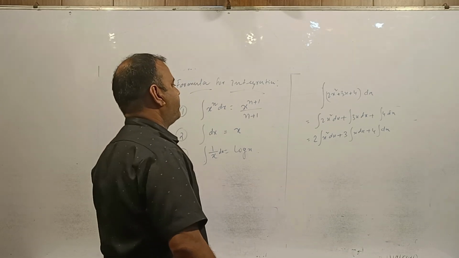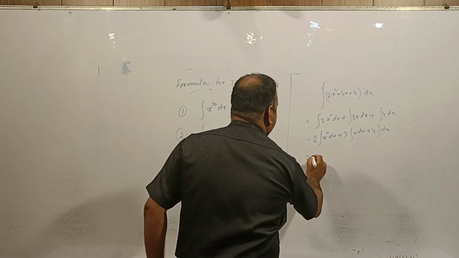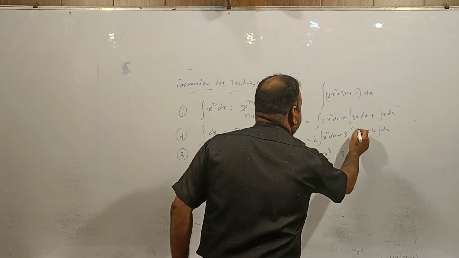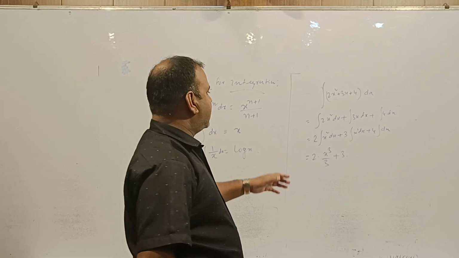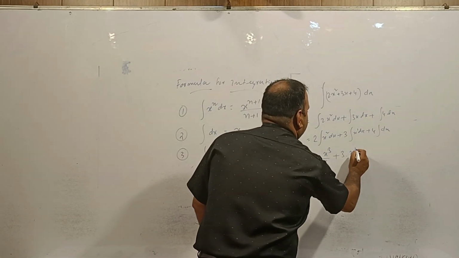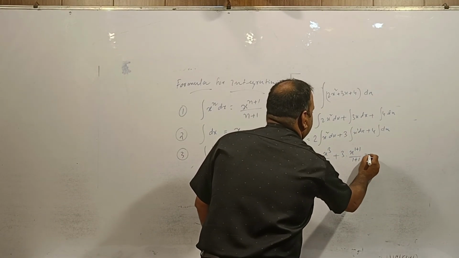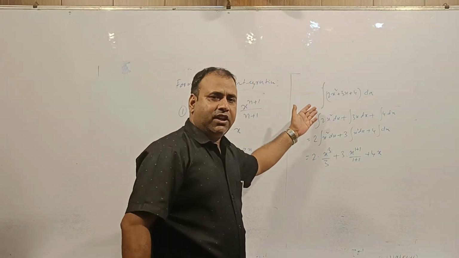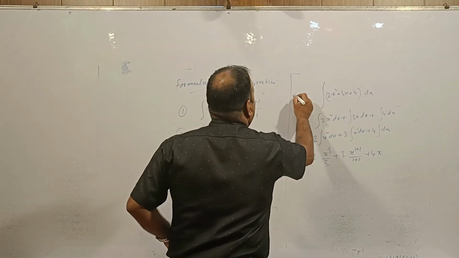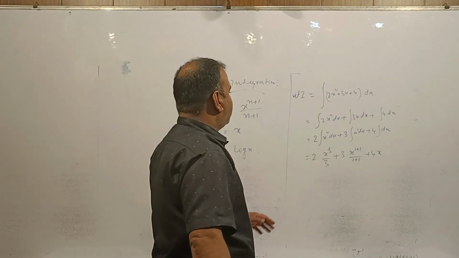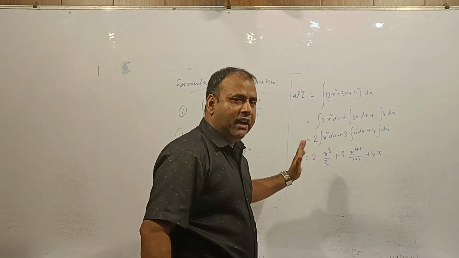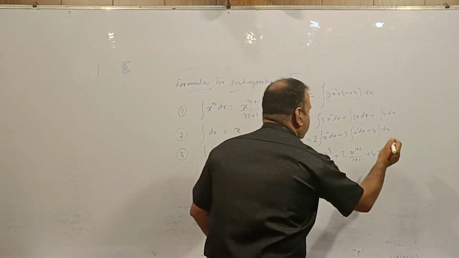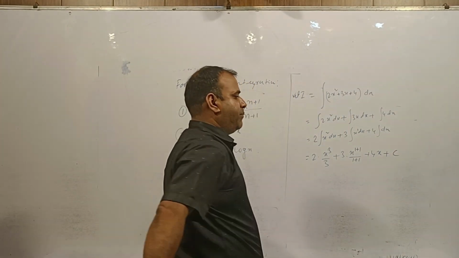So it will be 2 times x cube by 3 plus 3. Nothing is given means 1 is given here. In this case, x to the power n becomes x to the power n plus 1 divided by n plus 1, plus 4 times x. Now you can see, in case of indefinite integration, you can write here let I is equal to like this. In indefinite integration there is no limit. In this line there is no integration symbol. That is why, according to the rule, you have to put one constant term.